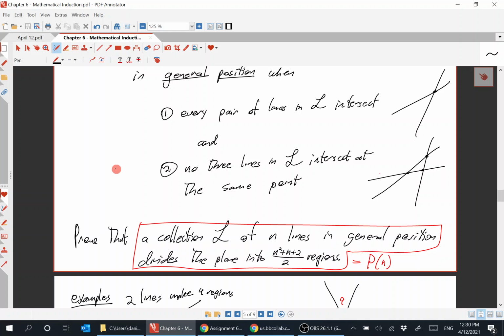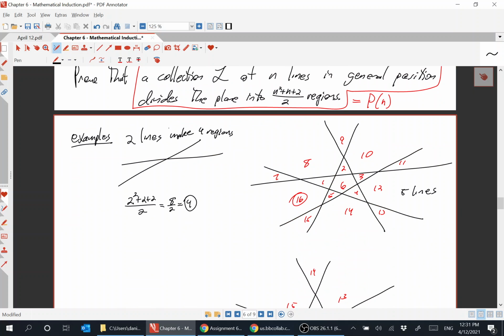Now, of course, being in general position is necessary, because three lines not in general position, like that, gives you 6 regions, whereas 3 lines in general position gives you 7, right? So the number of regions changes depending whether or not you're in general position. But as long as you stay in general position, then the number of regions is a constant.